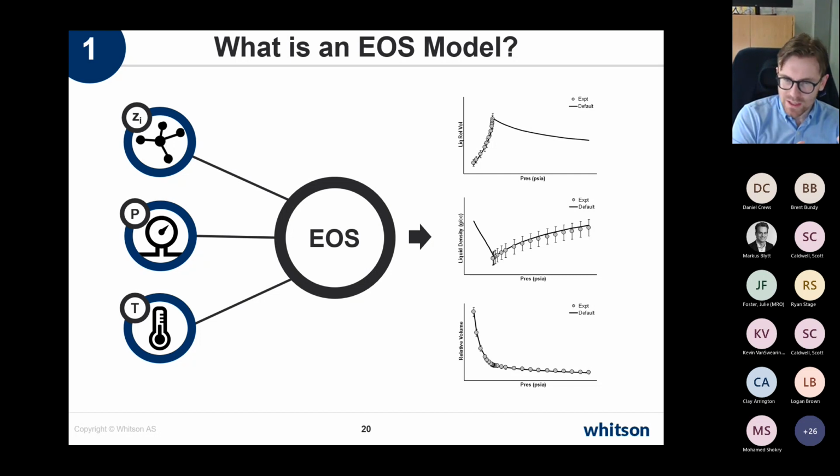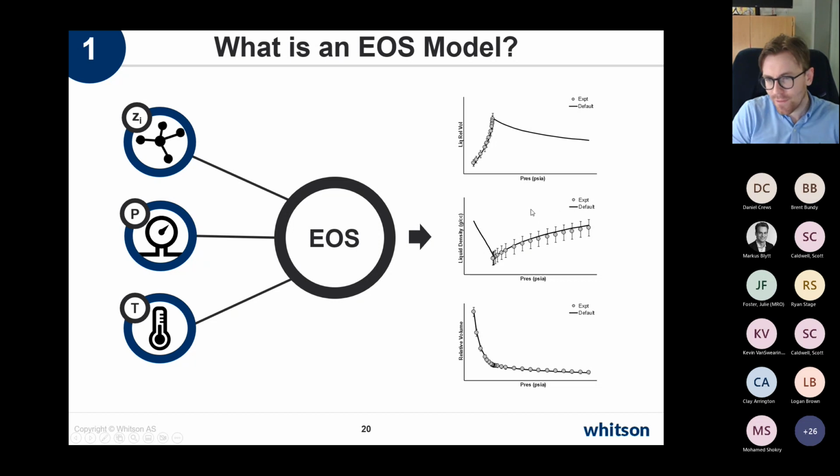And then we have this composition input, which is a little bit scary. But the composition is simply the amount of different components. A simple way to think about it, if you want to simplify your world a little bit, is to think about composition as CGR or GOR, so the ratio of gas to oil, for instance. If the ratio of gas to oil changes, the composition is changing. When you have these 3 input parameters, you're then able to predict phase and volumetric behavior.